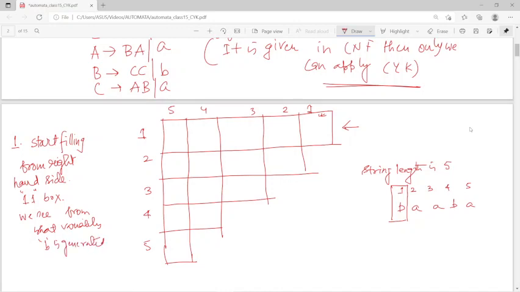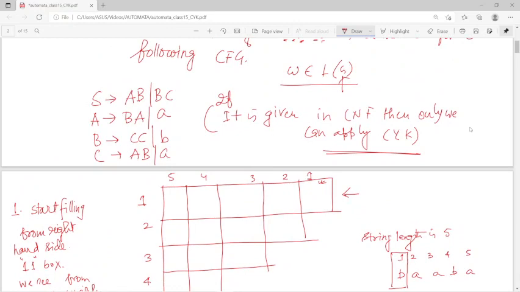Now if we see the productions, this B is generated from the variable capital B, right? And there are no other variables from which this terminal B can be generated. So B can be placed there, right?